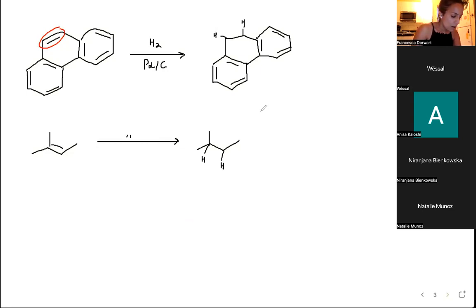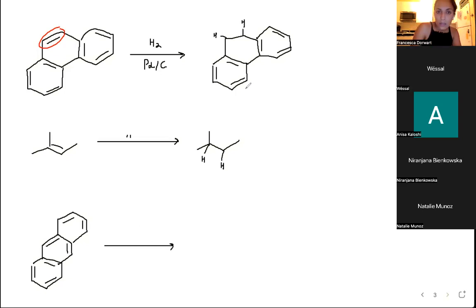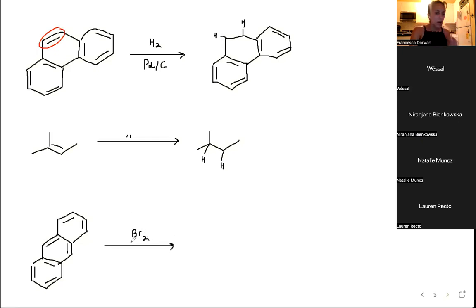Okay, for anthracene, which is this more caterpillar looking ring system, the pi bond that is going to be isolated is a little bit less obvious. But if I'm doing this same thing here, a better way to do it is instead of using H2, let's use Br2. Let's use Br2 and see how this works, because this is what Dr. Hammond's using in lecture, and we can then extrapolate to what hydrogenation would give us.